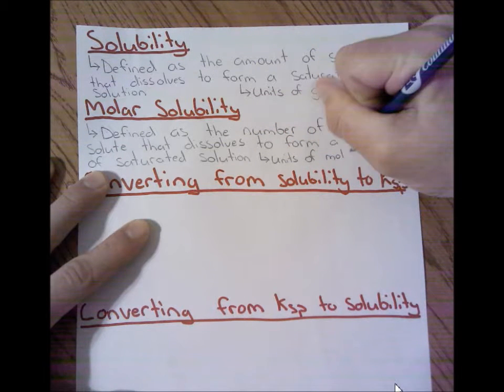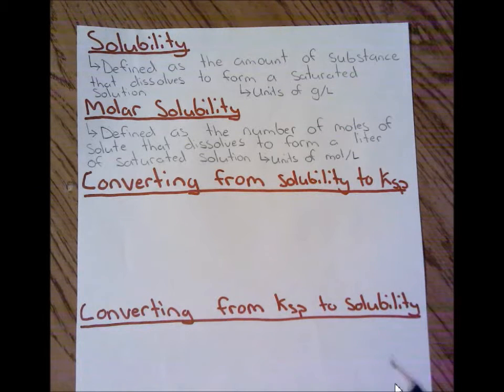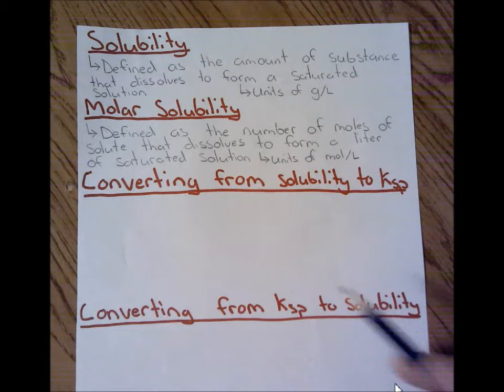Now, I'm going to go over some steps to go from solubility to KSP and then vice versa. But before I get there, I just want to talk about the magnitude, or the size, of that KSP.